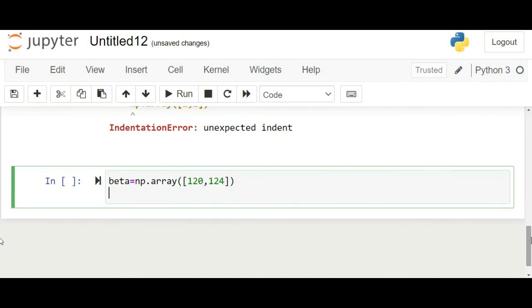Okay, and I will take another value, v, which is equal to, for example, 34.